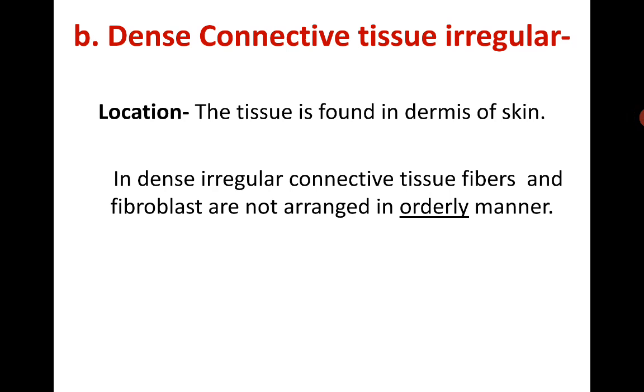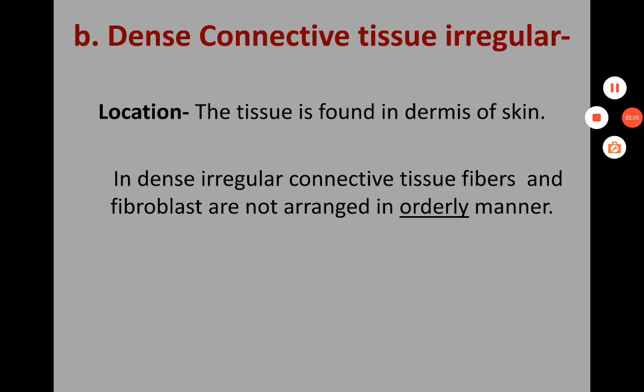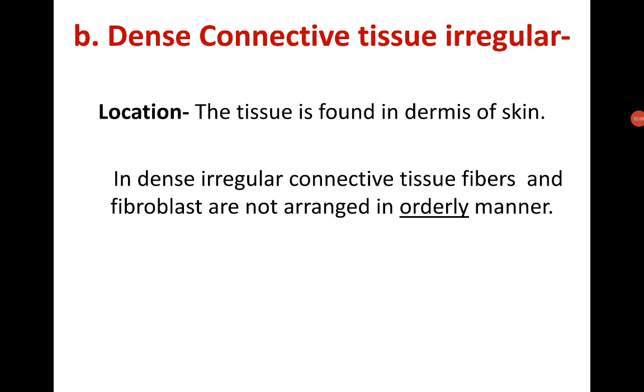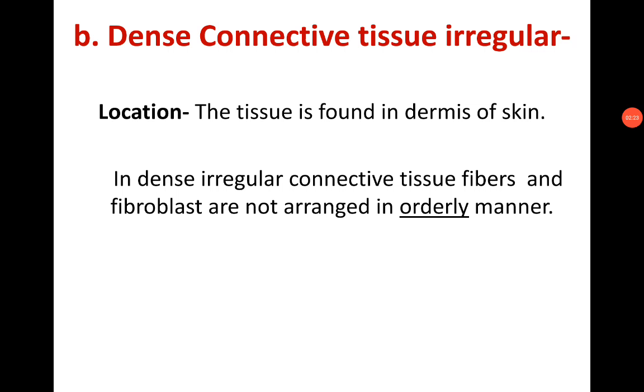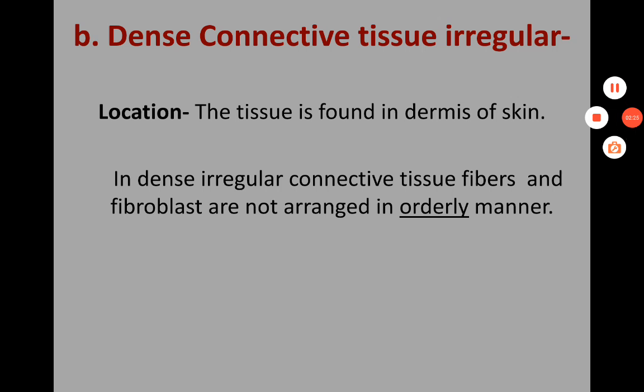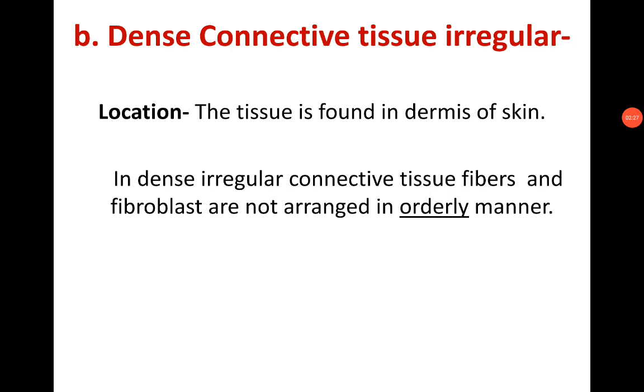There is no specific figure of this topic in your textbook. Various tissues are found in our body as dense irregular connective tissue. You can see another figure with the help of Google, but in your syllabus there is no specific figure of this topic.